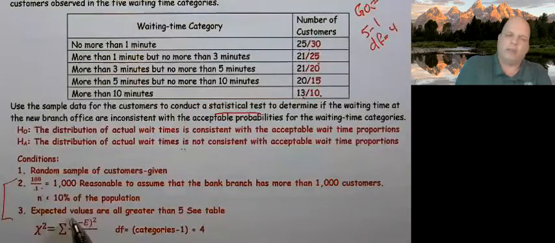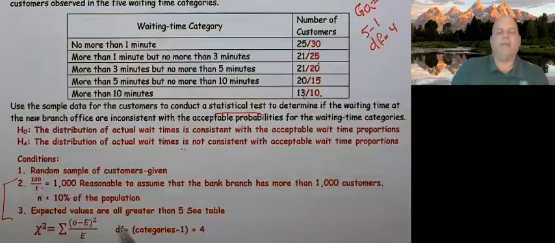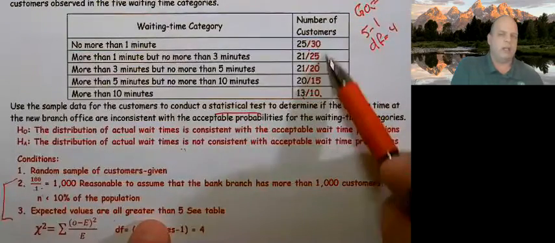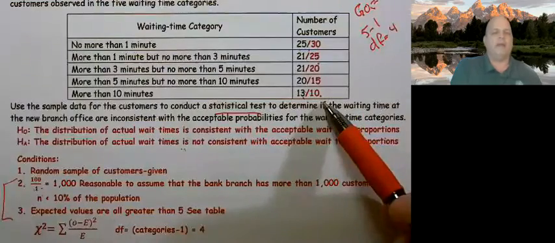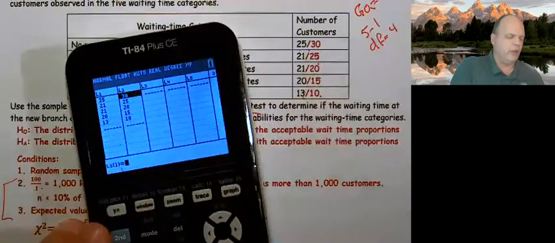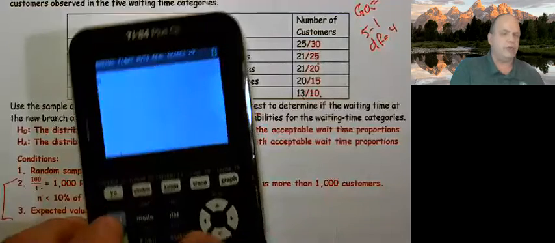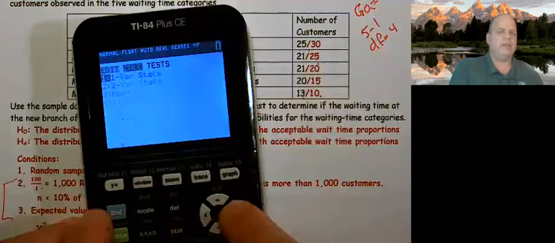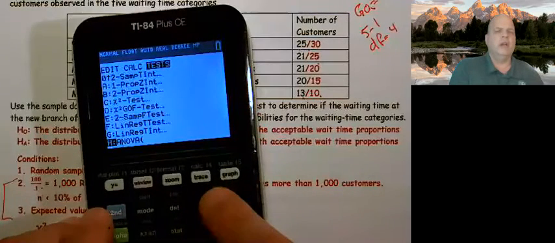The next one has to be big enough. Big enough is greater than 5. So I need to calculate those expected values. Well, I did, and all of them were greater than 5. We said it was the chi-square goodness of fit test, so we're going to go second quit. I'll go stat, test, and this is chi-squared GOF.